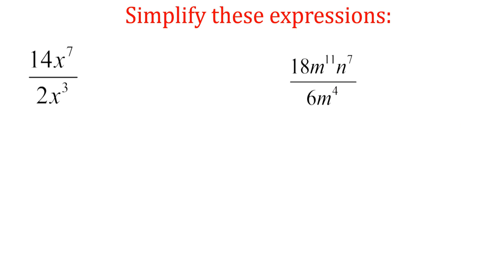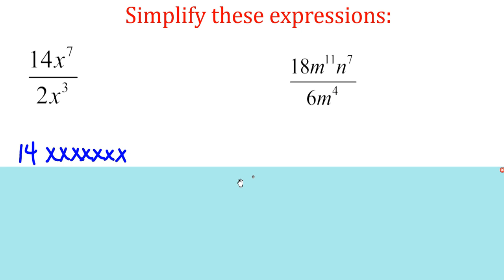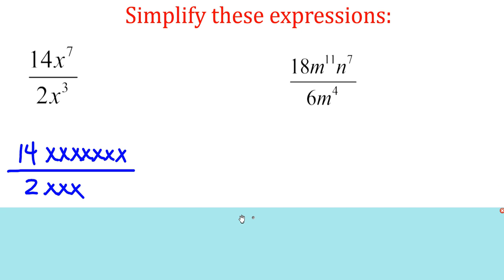How about these expressions? What could they simplify to? Well, our first expression, 14x to the seventh divided by 2x to the third, means we've got 14 and then 7 x's being multiplied together. In our denominator, 2x to the third means we've got 2 and then 3 x's being multiplied together. We're looking to see if we have any greatest common factors we can divide out.